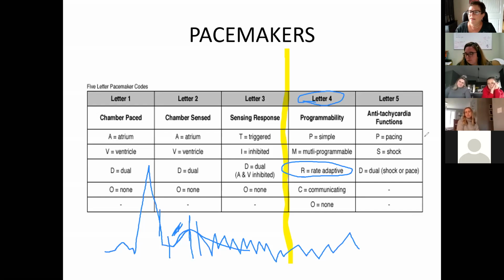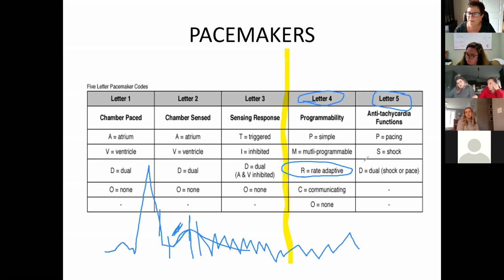And then I can have the Cadillac of devices. I can have a DDD, so it paces in the atrium and ventricle. It senses in the atrium and ventricle. It will inhibit in both of those chambers if my heart rate is faster than the device is set at. But it can also ramp up and give me a big heart rate, so it's rate responsive.